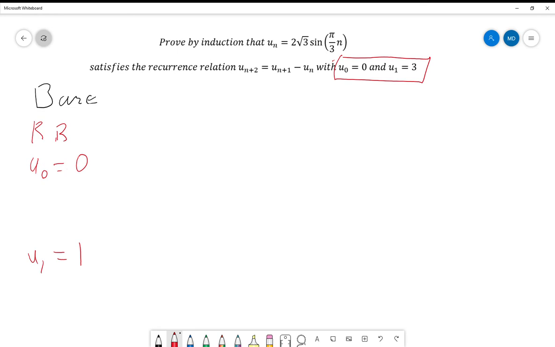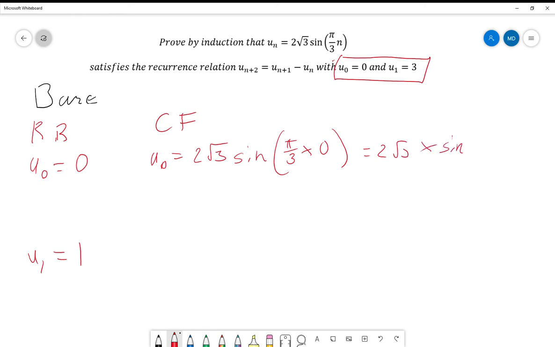Because remember, a second order recurrence relation doesn't make any sense if you only have one of those. And so let's take our closed form. u_0 for our closed form is going to be equal to 2 root 3 lots of sine of pi over 3 times 0, which is equal to 2 root 3 times sine of 0, which equals 0.